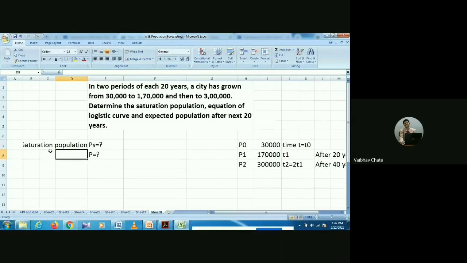This is the population I would like to determine after how many years. In total, from T naught it is 60 years. Am I correct? Hello? Hello there. I want someone to respond so that I'll get to know that I am online.